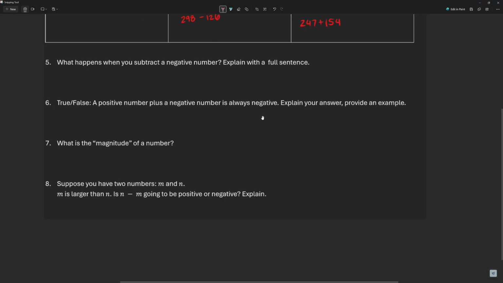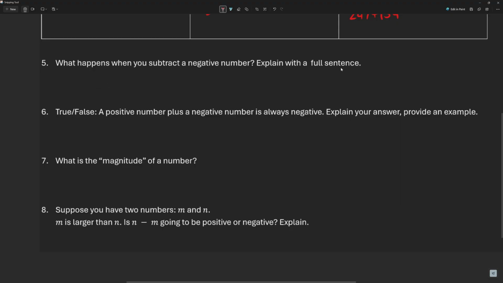And what happens when you subtract a negative number? The two negatives become positive. We can explain this like switching directions on the number line. But this is the easiest kind of way to explain it, right?